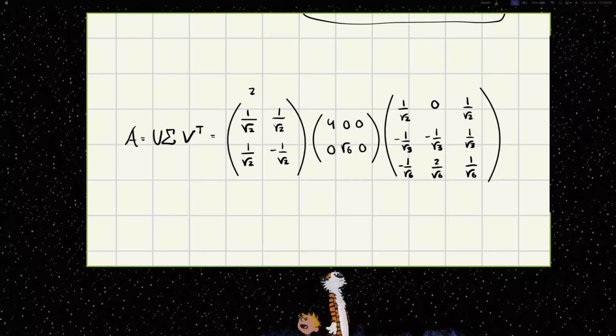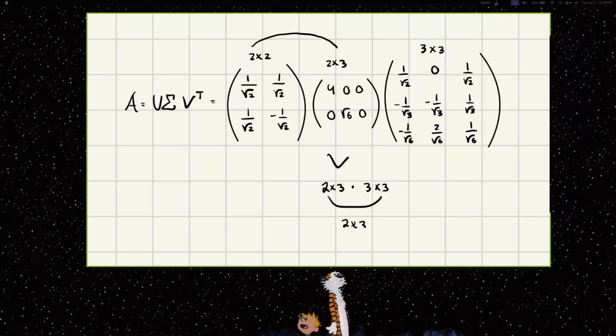So here we have a 2 by 2 matrix, a 2 by 3 diagonal matrix, and then a 3 by 3 matrix. If we do it from left to right, I'll multiply these two matrices first, and we should end up with a 2 by 3. Then we should get 2 by 3 times a 3 by 3, which will yield a 2 by 3 matrix.